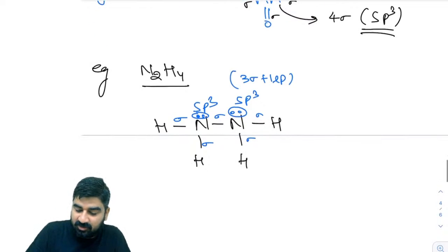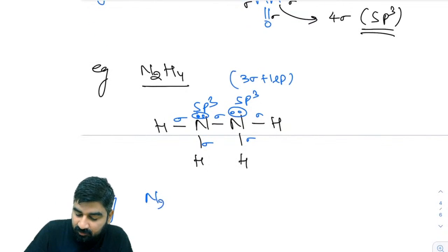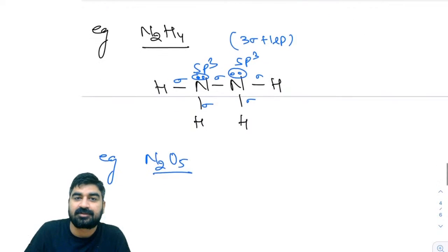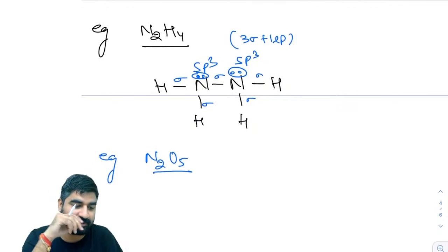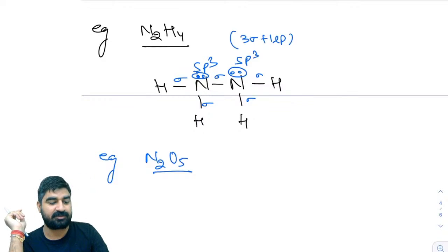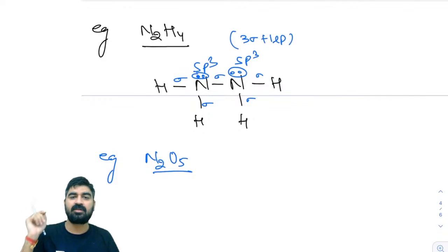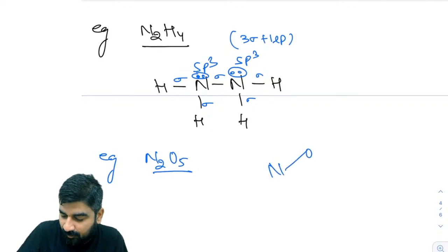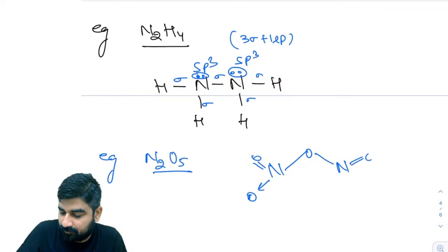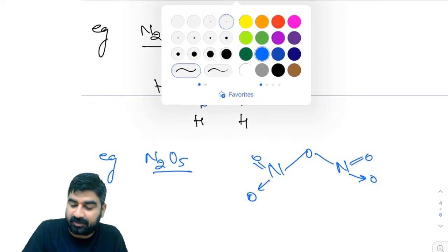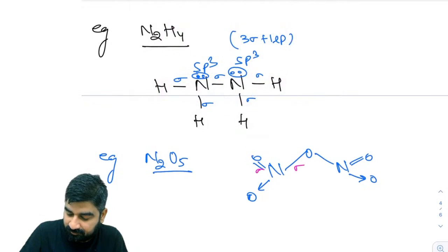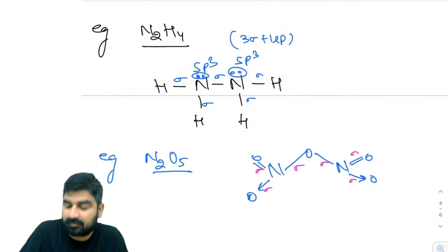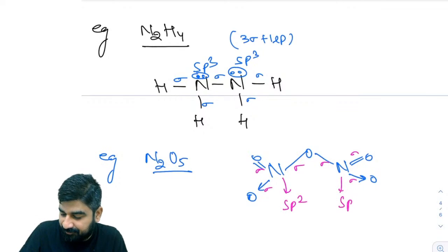So similarly, guys, can you tell me for N2O5? Can you tell me the hybridization of N2O5 now? How will you calculate it? Just do it. So just draw the structure. And if you are getting it, so you are going to get here sp2 and sp2.